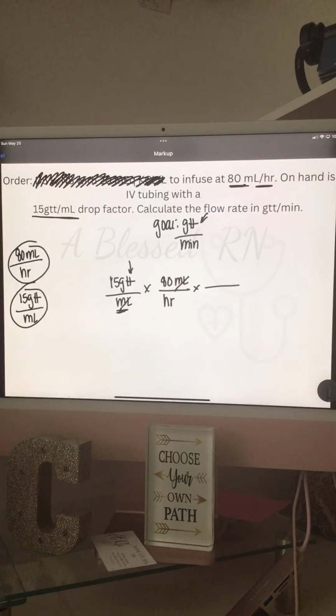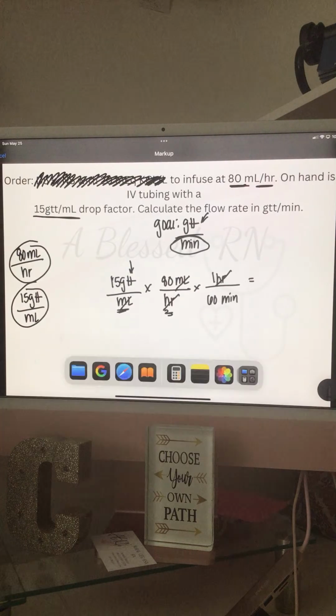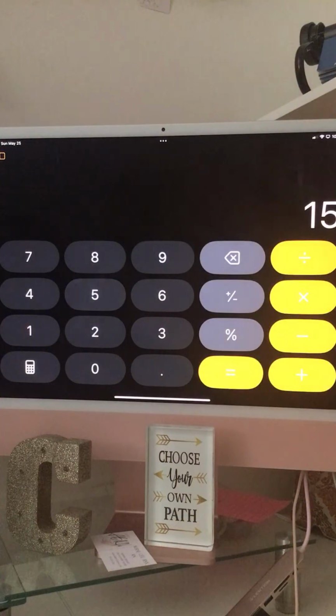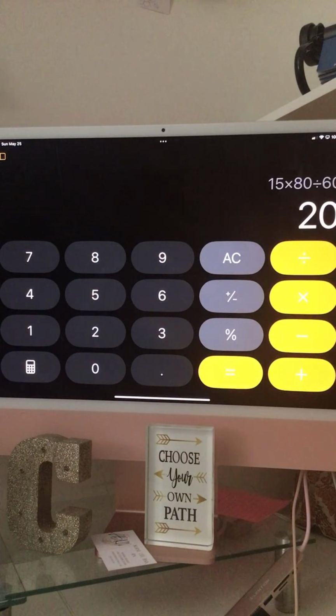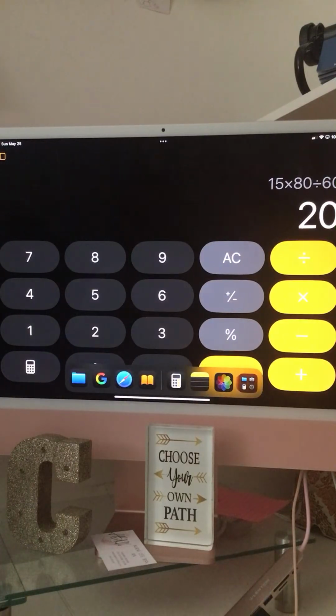And then I need to cancel out my hours and make them minutes. So 1 hour equals 60 minutes. Boom, boom. And that's it. So 15 times 80 divided by 60 equals 20 drops per minute.